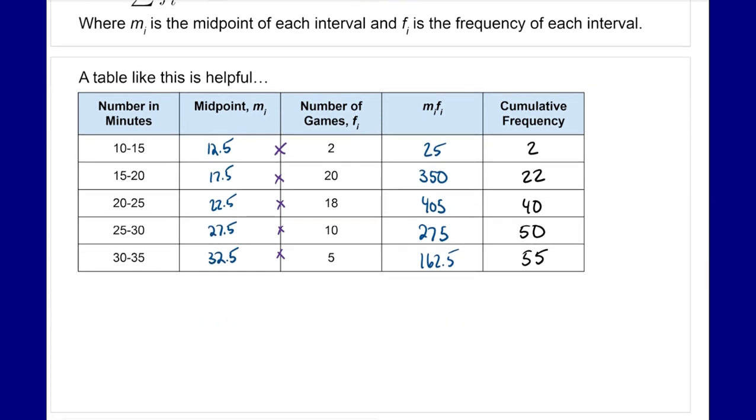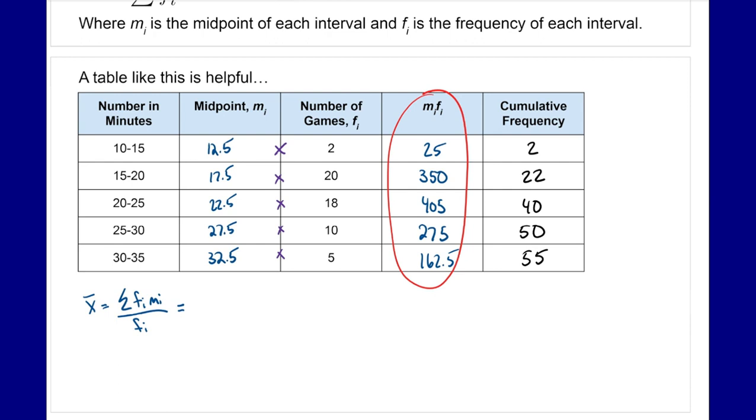But again, the goal for this is calculating the mean. If X bar equals the sum of fi times mi divided by the sum of fi, we are basically going to add up all of this column. This column is all going to be added up for the sum.